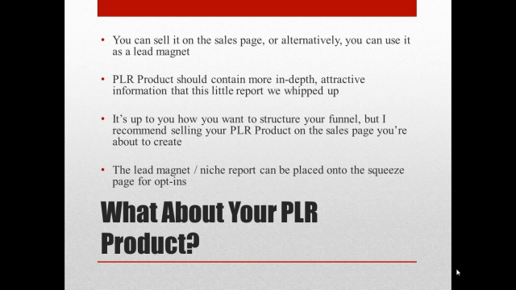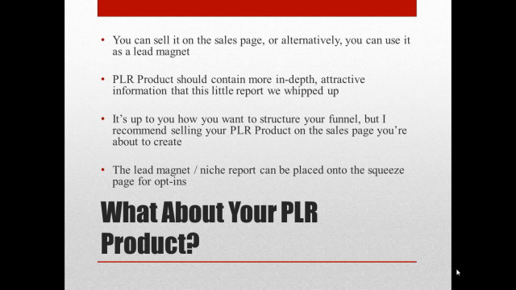Now it's up to you how you want to structure your funnel, but I recommend selling your PLR product on a sales page that we're going to be creating, and just using a simple little lead magnet as the freebie. Now the lead magnet and niche report that we've done, we're going to be putting it on the squeeze page to attract opt-ins.